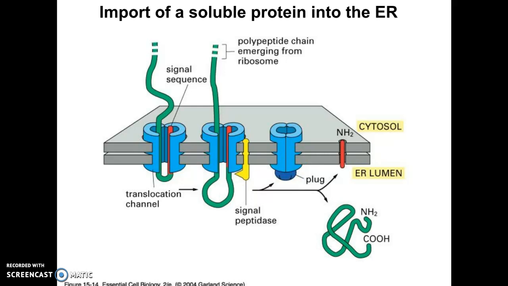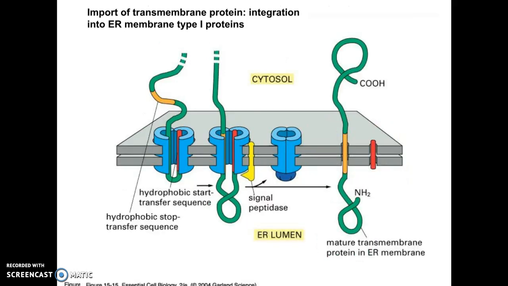So there are proteins that span the membrane, and how they span the membrane is after the protein has been recruited down to the translocation channel, there will be a second hydrophobic region, and that hydrophobic region is going to be some alpha helix that is going to be the right size and perfect for spanning the membrane.